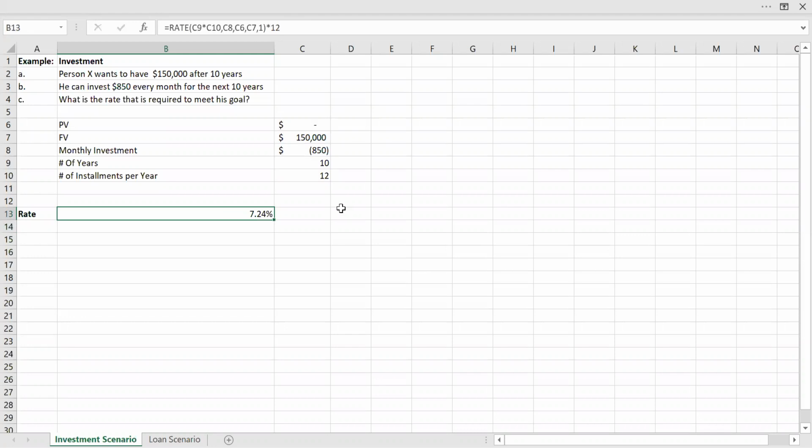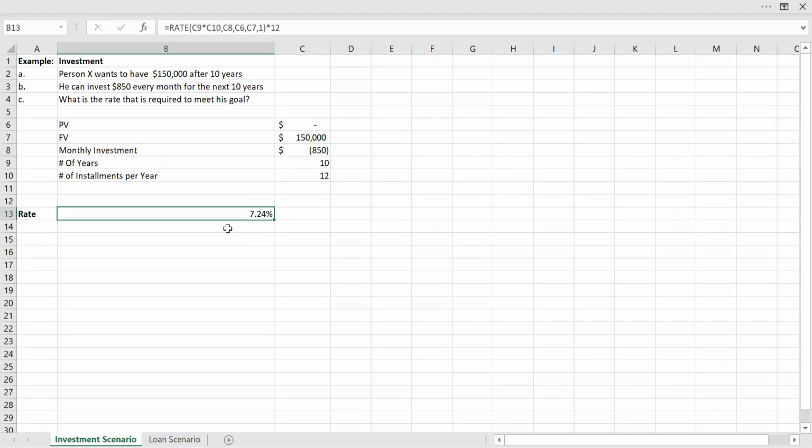So we have 7.24. Basically it means to achieve his target of $150,000 with a monthly investment of $850, he should be investing in securities or bonds which can give a minimum rate of return of 7.24%.